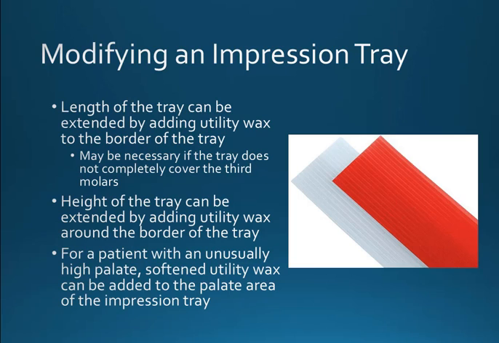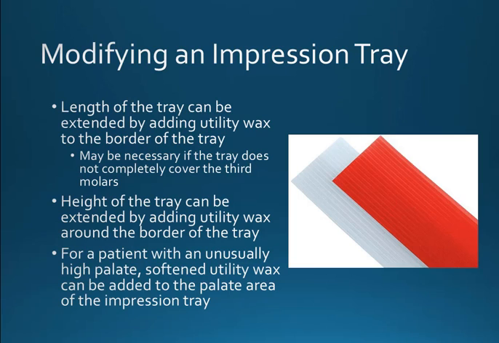Let's say, for instance, that the tray fits well, but we're coming up just a little bit short in the back. Here you can use a material which we have illustrated in this photograph, what we call rope wax. You can take this and extend the length of the tray by using this rope wax or utility wax along the back border of the tray.